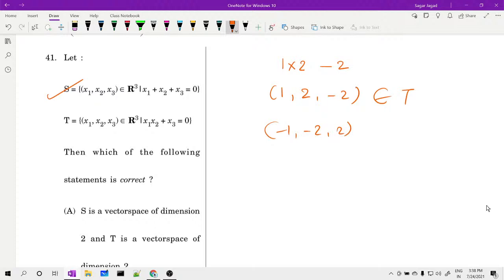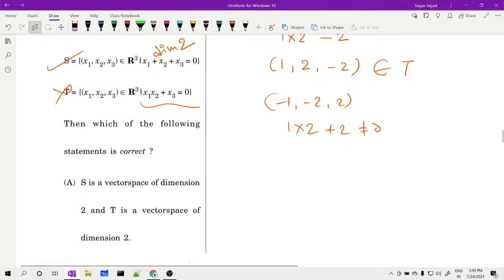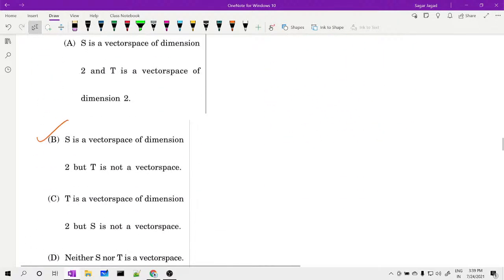If I apply the condition to this, it is 1 into 2 plus 2, which is not equal to 0. So this is not a vector space. Also, S has dimension 2 because it is a plane. So S is a vector space of dimension 2, and T is not a vector space is the correct option. Okay, good question.